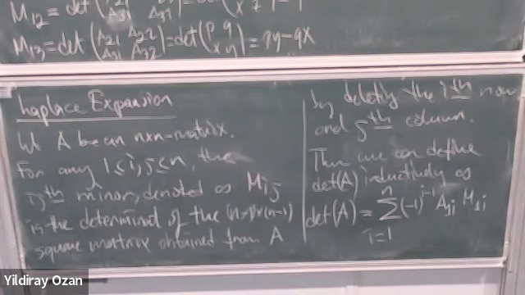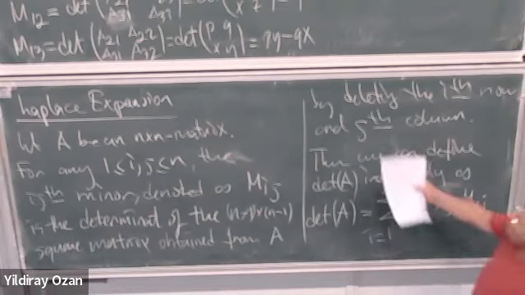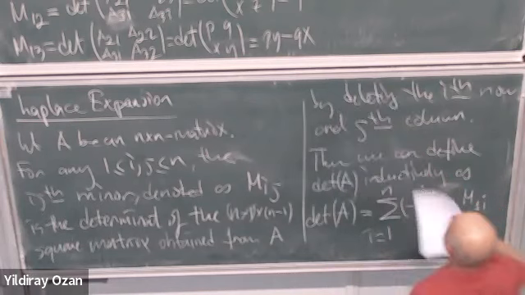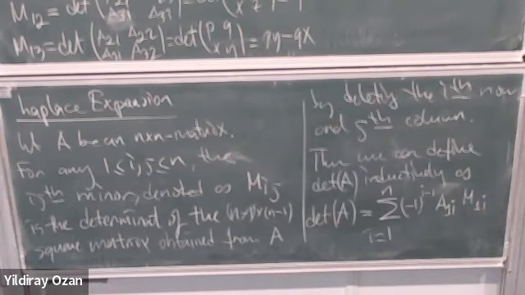A11, the first entry here, which is just A, times M11. We just computed that. M11 was what? QZ minus RY. Minus A12.